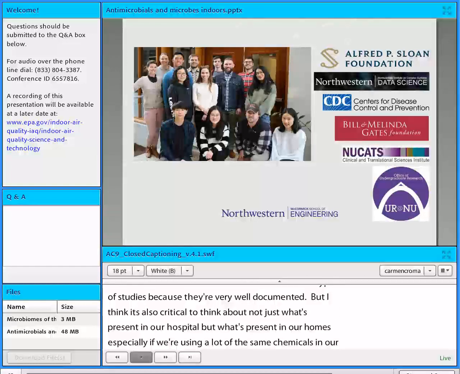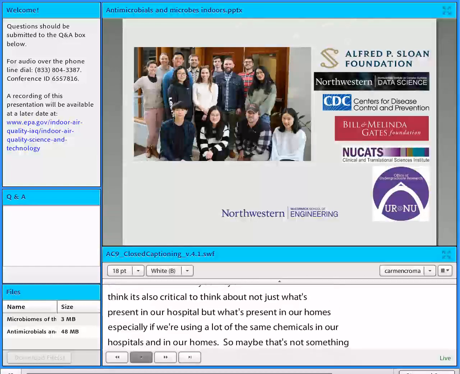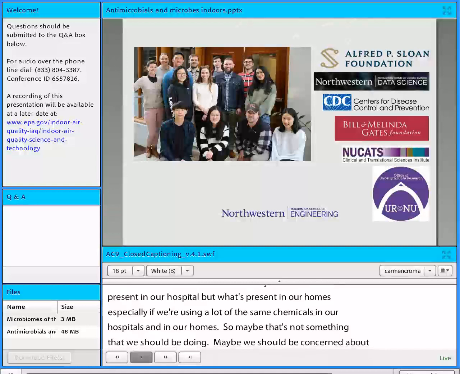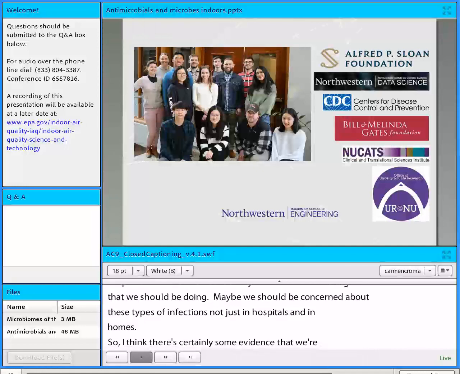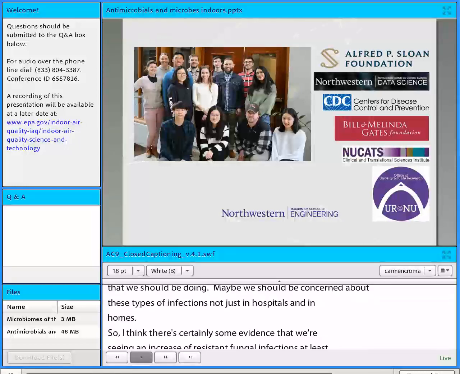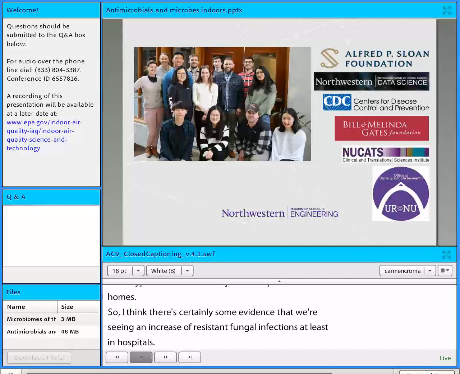And so maybe we should be concerned about these types of infections not just in hospitals but in homes. I think there's certainly some evidence that we're seeing an increase of resistant fungal infections, at least in hospitals, but that's maybe an emerging area of research.